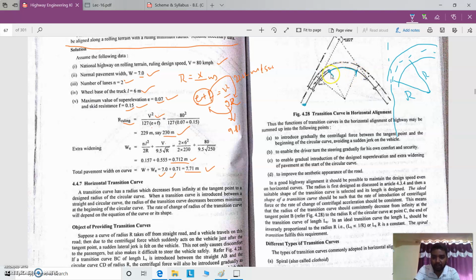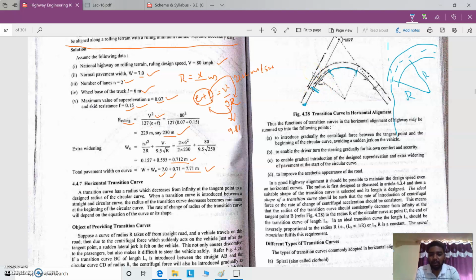From the tangent point to the beginning of the circular curve, it gives a gradual introduction of centrifugal force in this portion of the alignment.